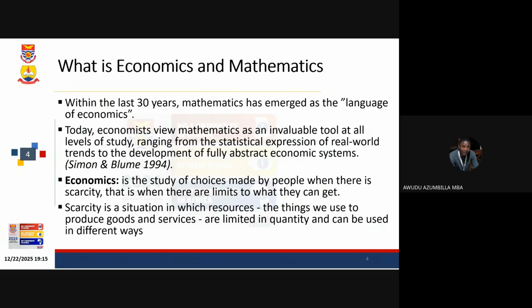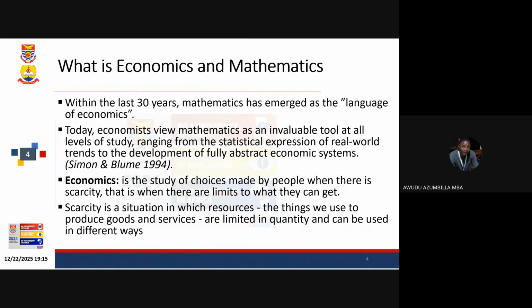Now, economics, the basic problem for which economics exists, the reason why we exist, is scarcity. And when we talk about scarcity, we are talking about constrained resources, limited resources in terms of quantity, in different ways.